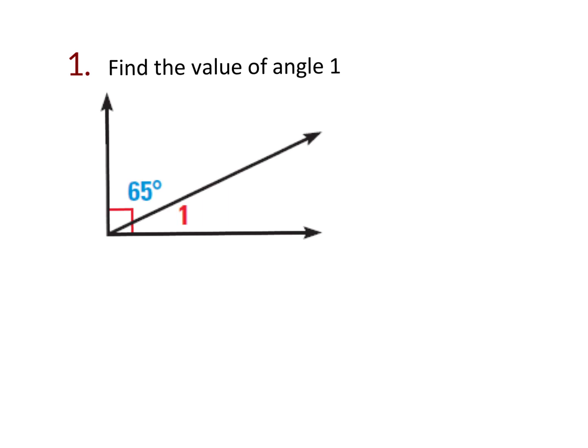How much does the big angle equal here? How much? No, so remember we look at this right here. What does that tell me? It equals how much? No, this the little box. There you go, 90, okay? So this is 90 degrees. All right, and Paula, if the total is 90 degrees, what do I do to find angle 1?